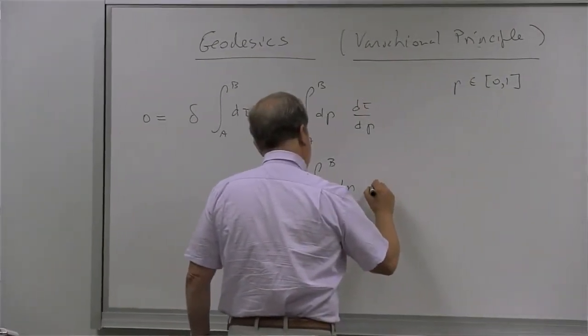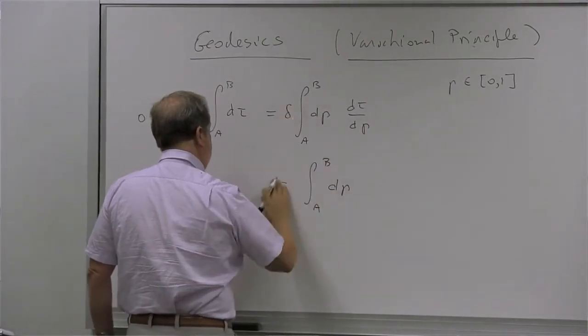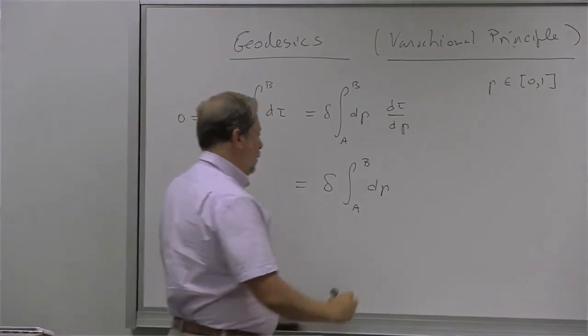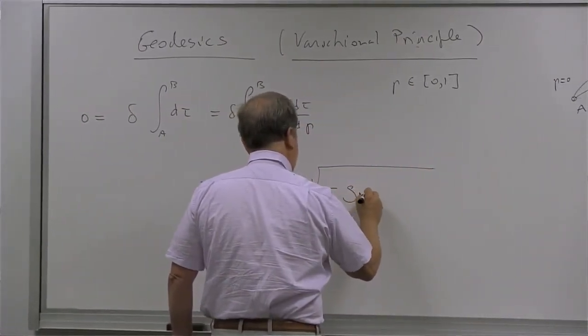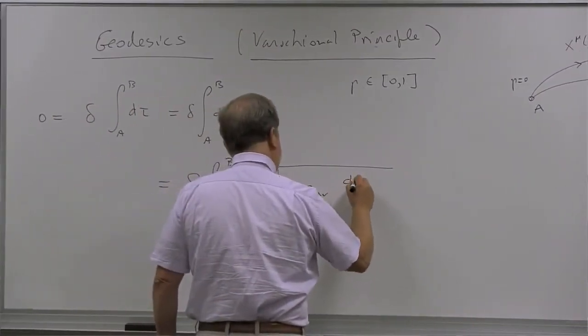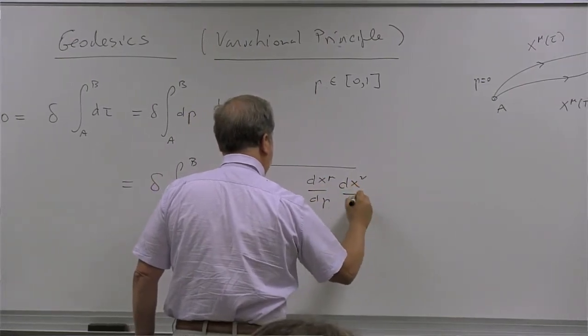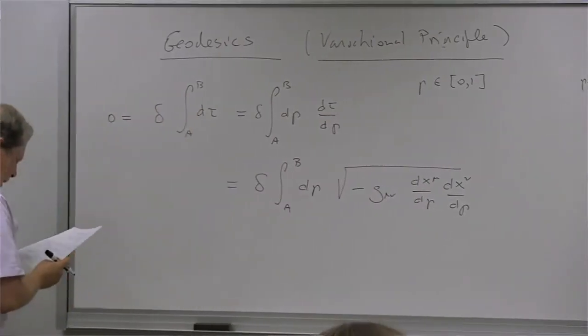So the τ itself is going to be, right? And let me still have the variation symbol here in front. So it's the variation of the square root, right, of minus g_{μν}, and then dx^μ/dp and dx^ν/dp, right?